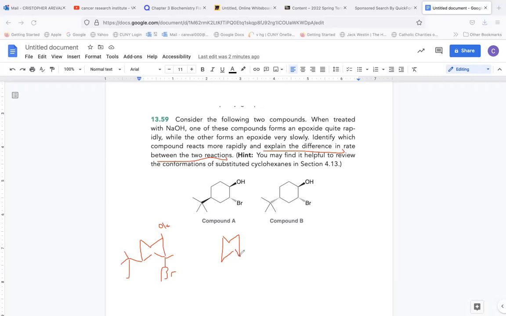Remember when you do a ring flip, what happens? Just move one to the right, downwards, that's it.